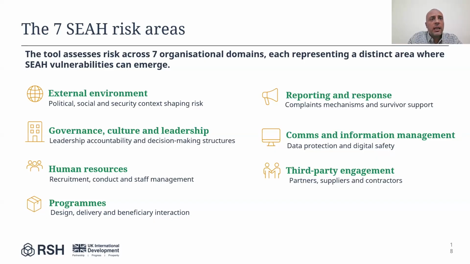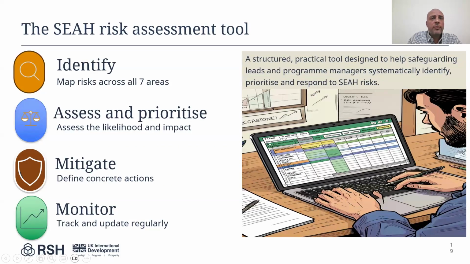Once those risks have been identified, the tool will work with you, and this is what we will see in the next slide. The tool follows a simple 4-step structured process. First, the organization identifies potential risks within all these 7 areas.